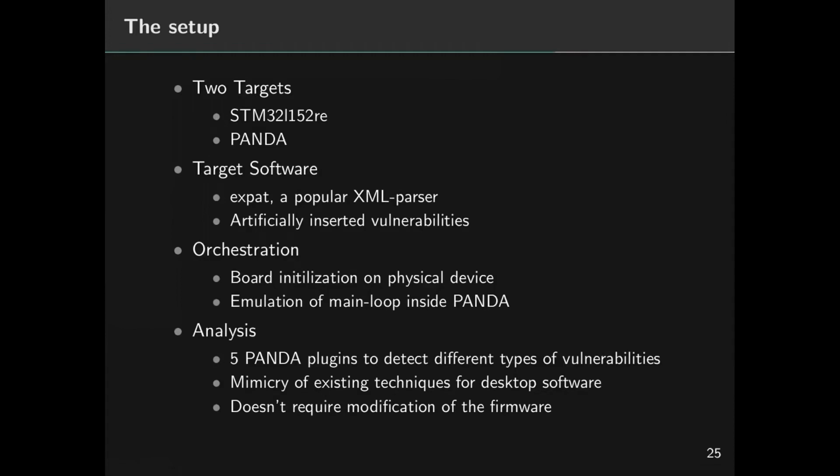As target software for our tests, we used Expat, or an instrumented version of Expat, with artificial vulnerabilities. And the analysis itself is orchestrated in the sense that the initialization of the embedded device is run on the physical board, and the emulation of the main part of the firmware is done inside PANDA.